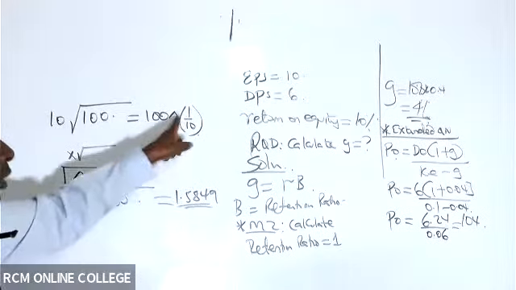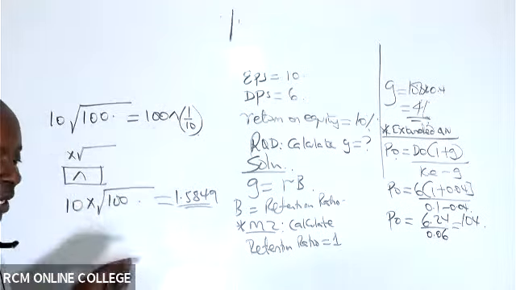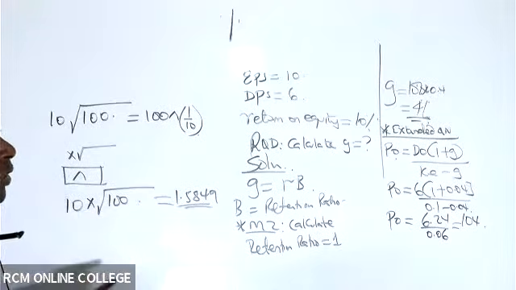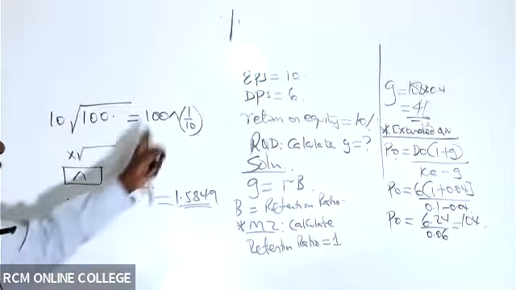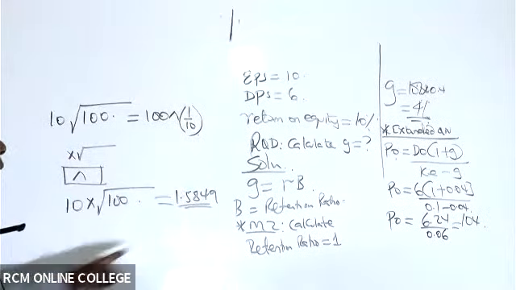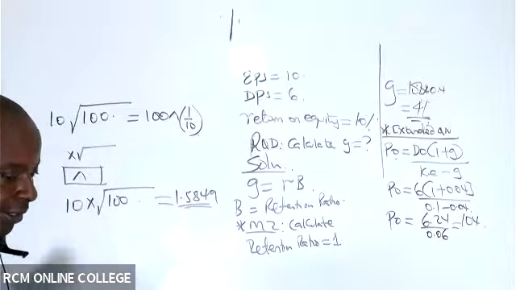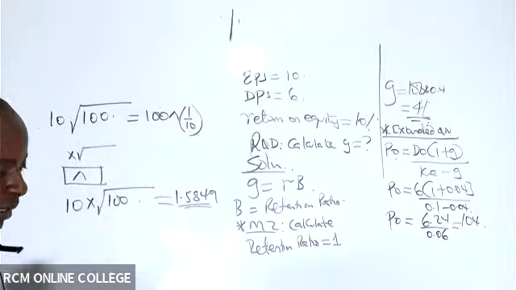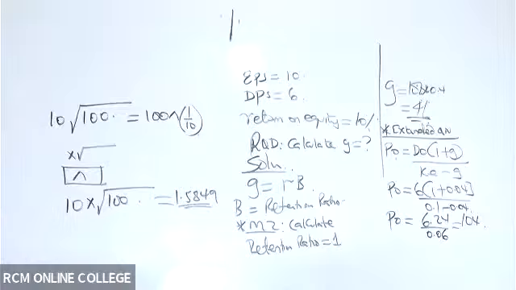But remember, you must put this 1 over 10 in brackets. If you don't put in brackets, then you're done. So if I take 100 raised to 1 over 10 in brackets, will I still end up getting the same answer?